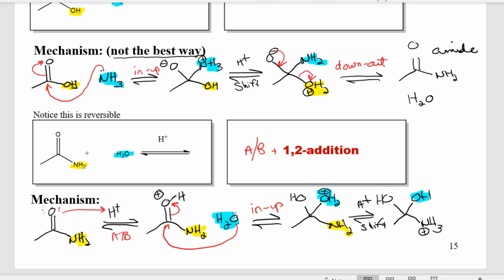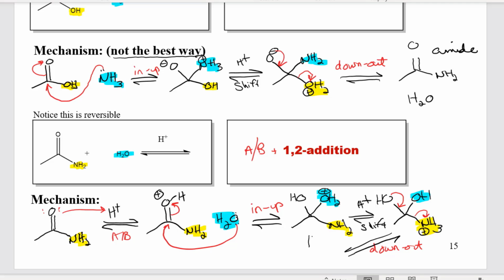We drove the water on. We're driving the nitrogen off. The nitrogen's now ready to leave in our down and out. So we can go down and out.